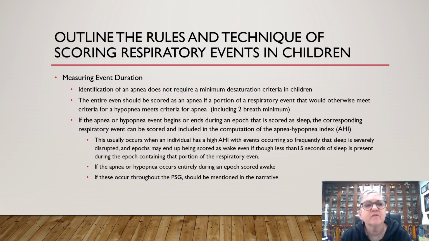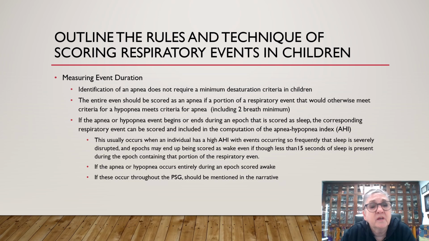Okay, some more information about measuring the event duration. Identification of an apnea does not require a minimum desaturation criteria in children. The entire event should be scored as an apnea if a portion of the respiratory event that would otherwise meet criteria for hypopnea meets the criteria for apnea, including a 2-breath minimum. If the apnea or hypopnea event begins or ends during an epoch that is scored as sleep, the corresponding respiratory event can be scored and included in the computations of the AHI.